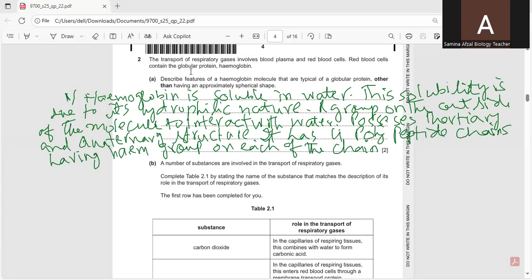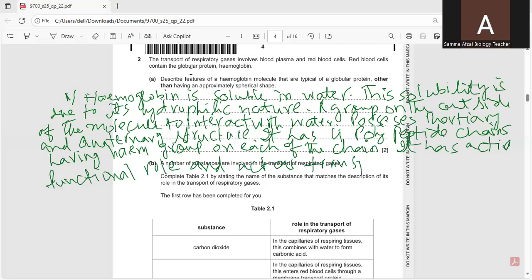Unlike fibrous protein, globular proteins like hemoglobin have an active functional group. It has an active functional group and acts as a transport protein for oxygen.